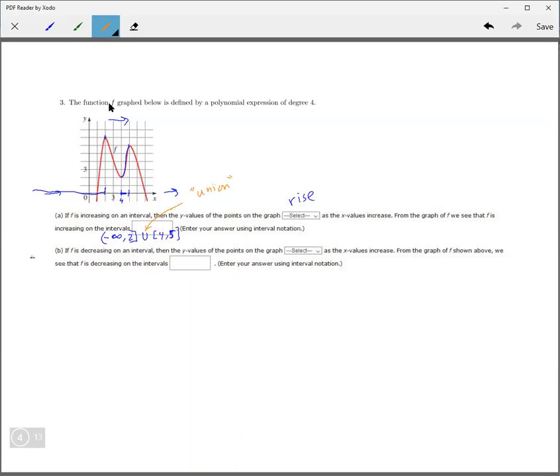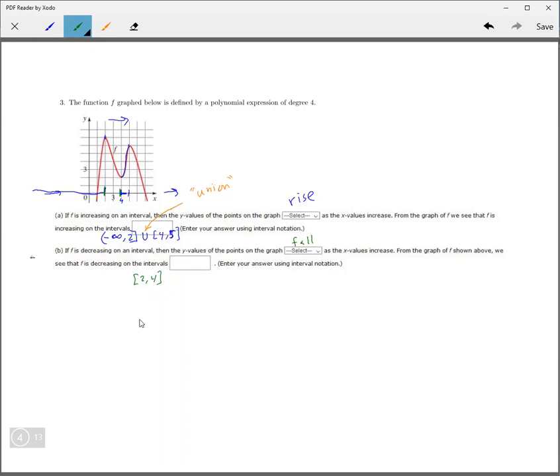Part B. F is decreasing on intervals and the y values fall as the x values increase. So in the graph, we see that it's decreasing from here to here. So that's 2 to 4.